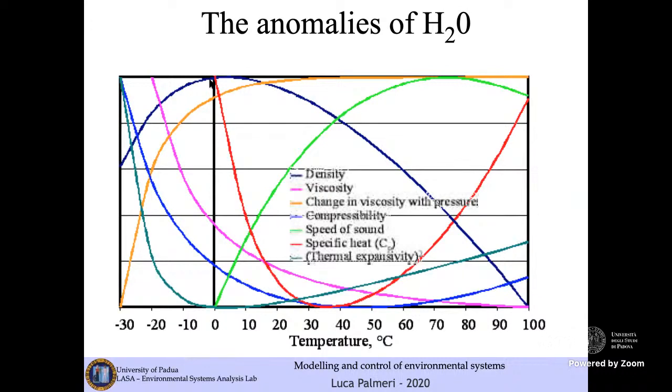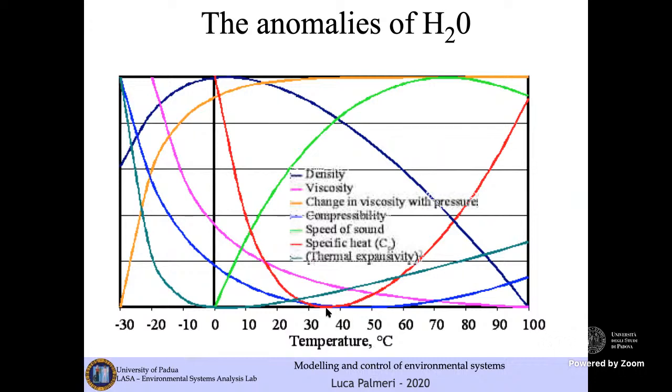Several other peculiarities, for example, are evident if we look at the specific heat of water. As I told you, specific heat is very high, which means that water can absorb a lot of thermal energy. So it is a good buffer for thermal energy. And in particular, specific heat of water has a minimum between 30 and 40 degrees.